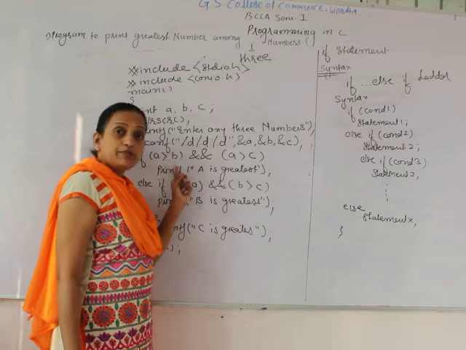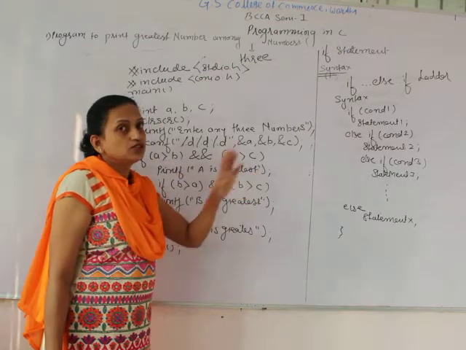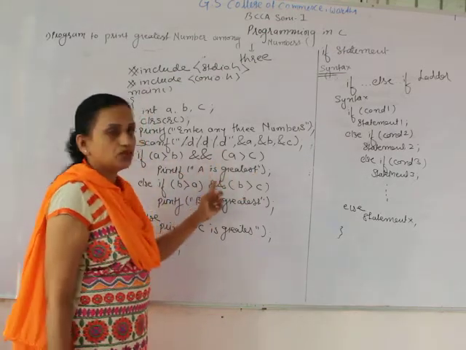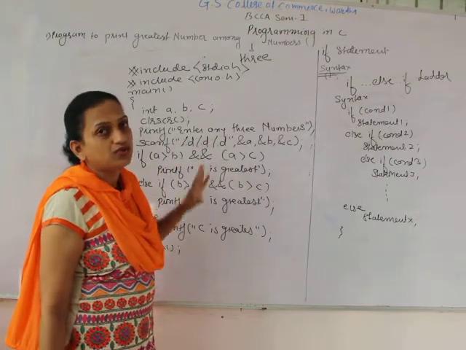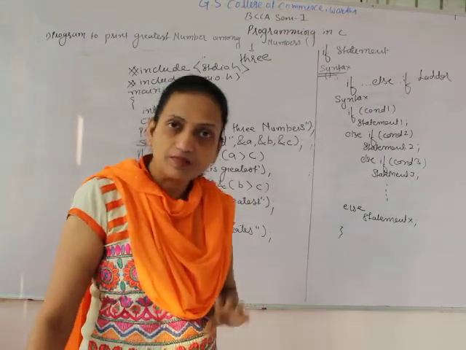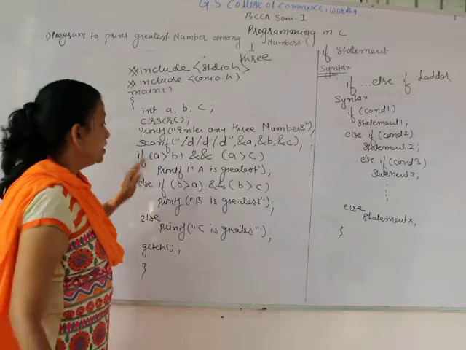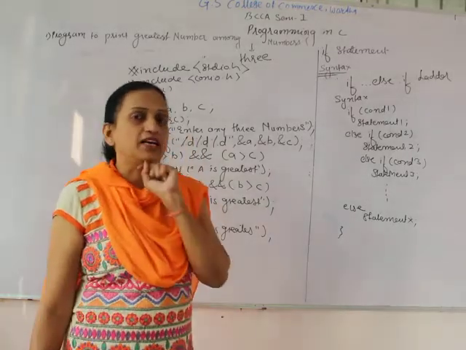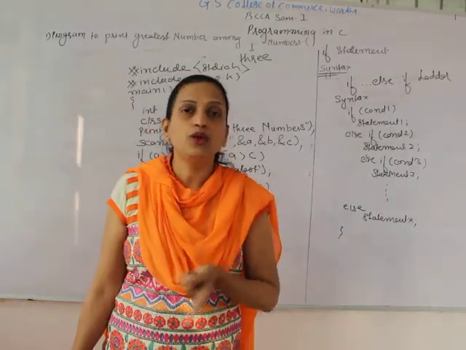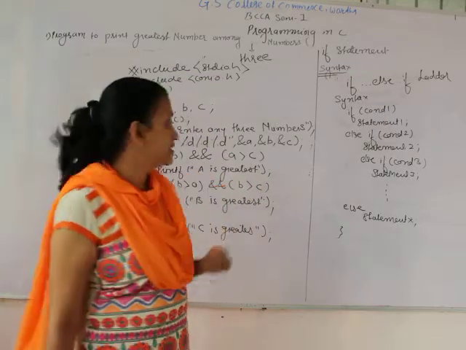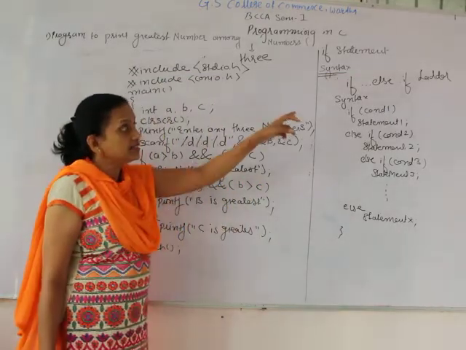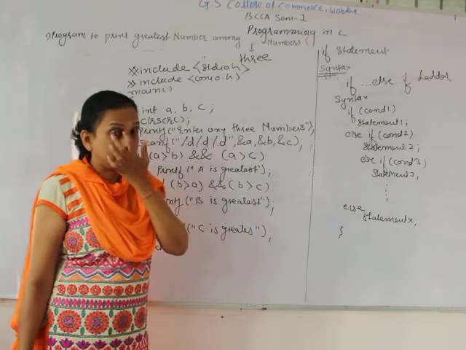If A is greater than B but A is not greater than C, the statement associated with these conditions will not get executed. Understand? So here we are learning two concepts: the use of the logical operator AND, and the if else if statement.